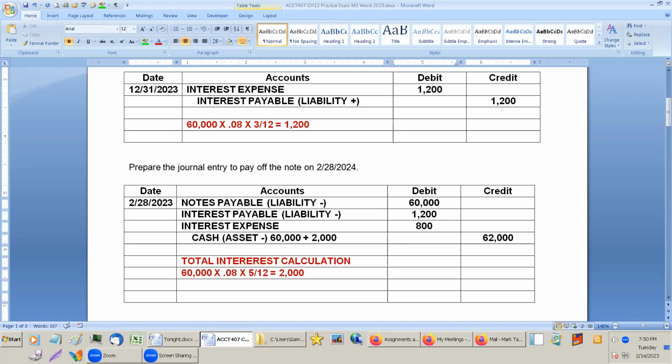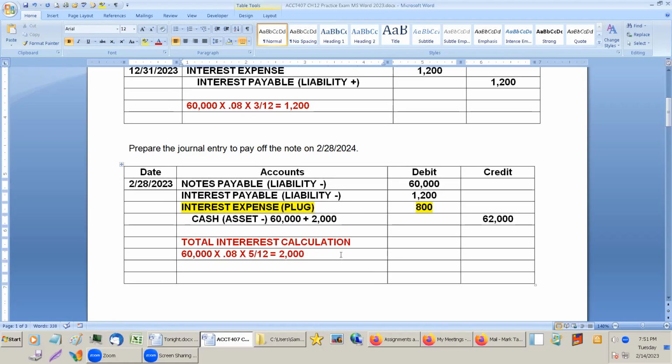The way I just did it, that would be a plug number to make the debits and credits balance. But you can also calculate it. There are 2 months in the current year. 60,000 times 0.08 times 2/12 will also get you that 800. So either way. This is for 5 months. This is for 3 months. This is for 2 months. Question on that?